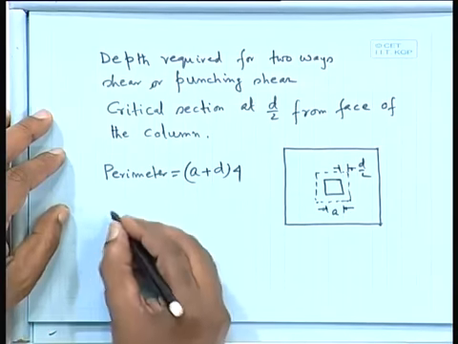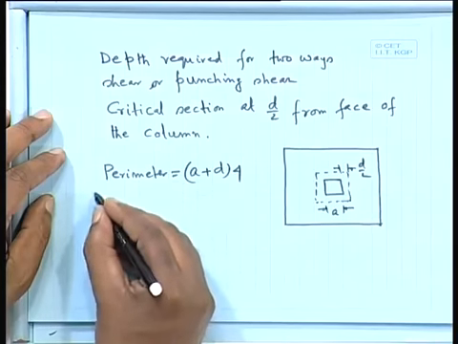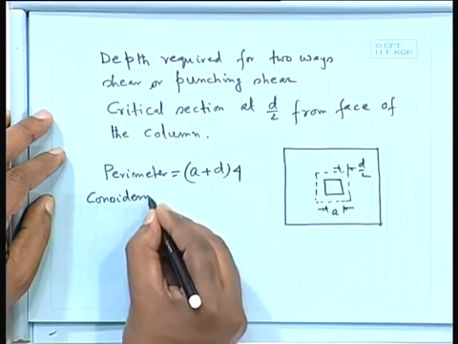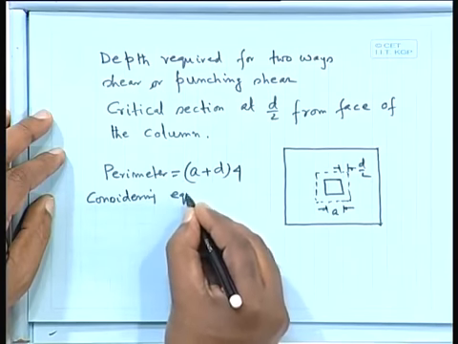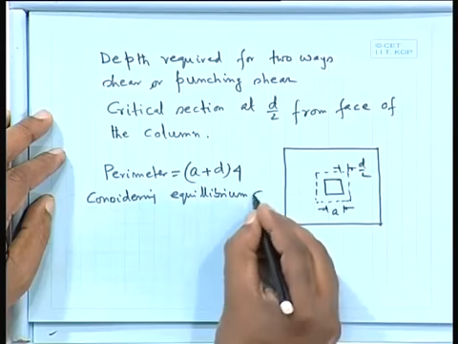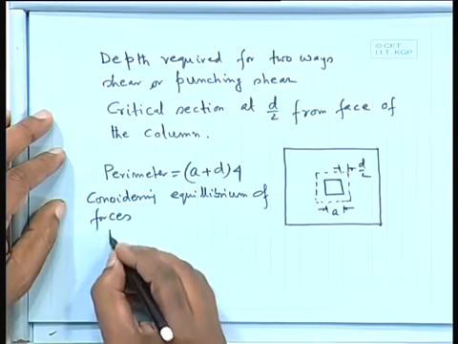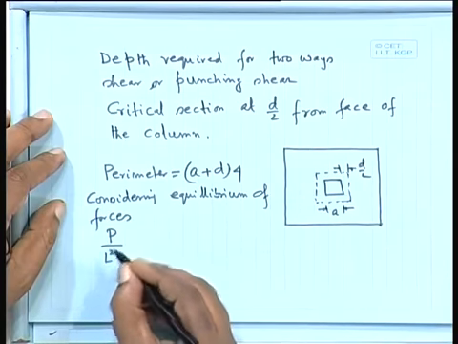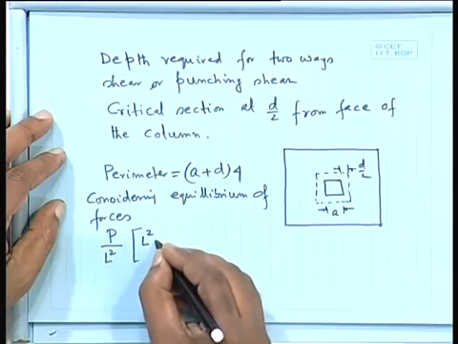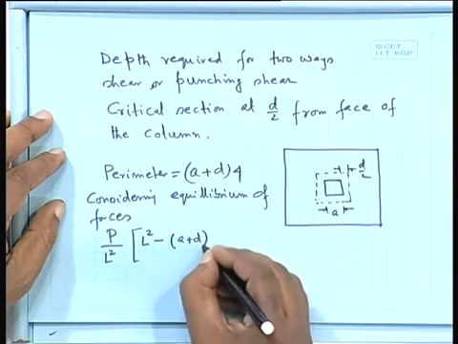So if we consider the equilibrium of forces, we can write P by L square times (L square minus (A plus D) whole square).